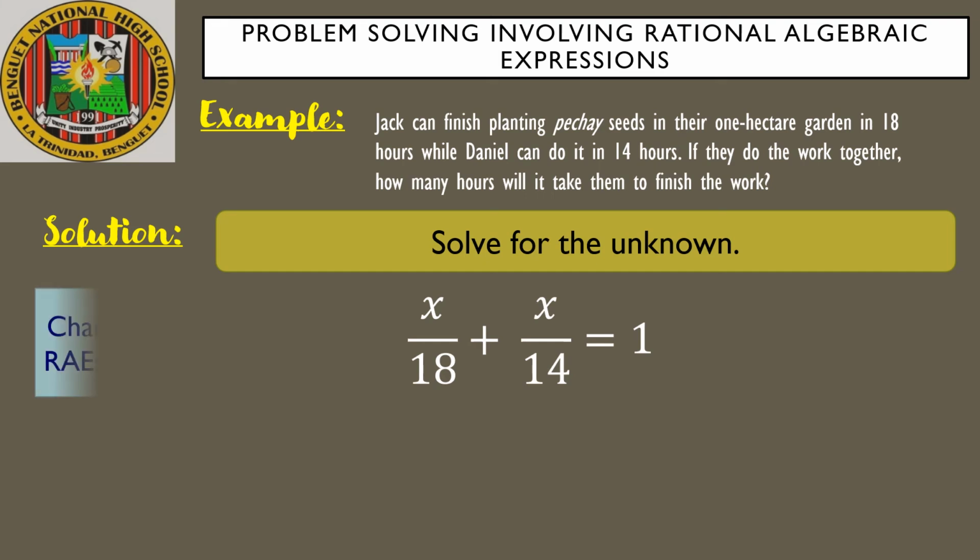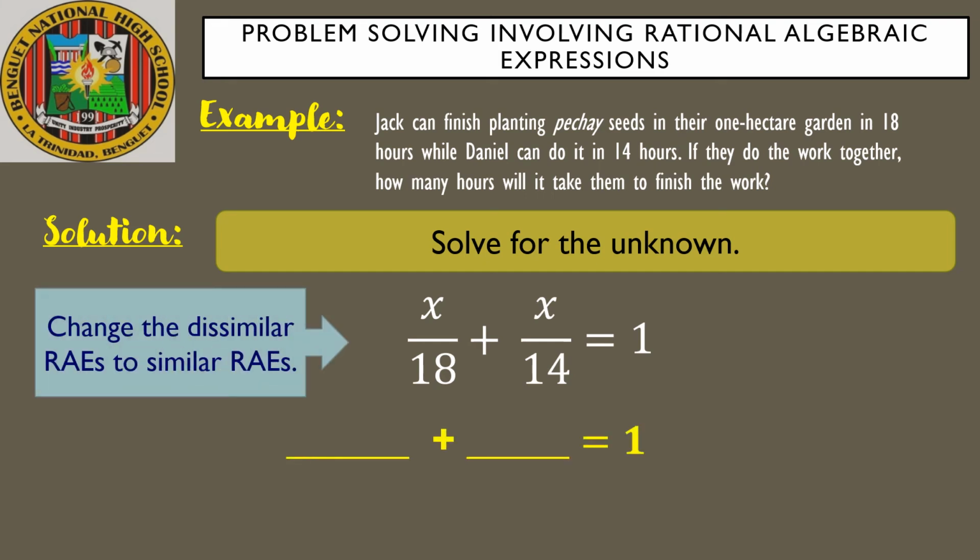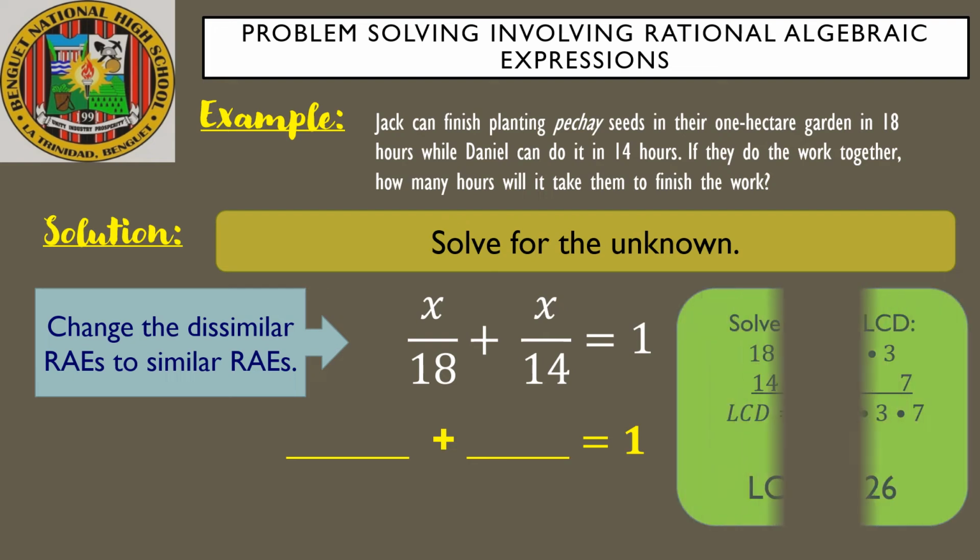First, we change the dissimilar RAEs to similar RAEs by solving for the common denominator. In solving for the LCD, we compare the factors of 18 and 14 so that we can determine that the LCD is equal to 126.